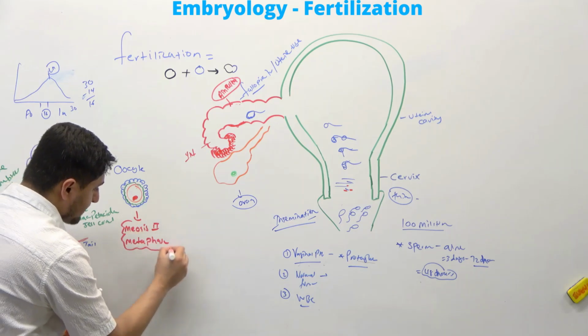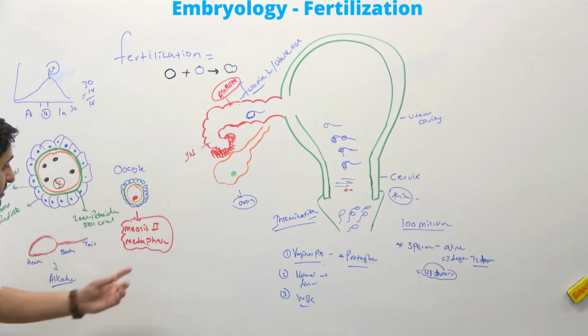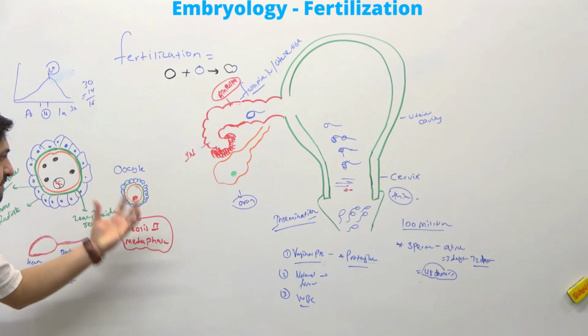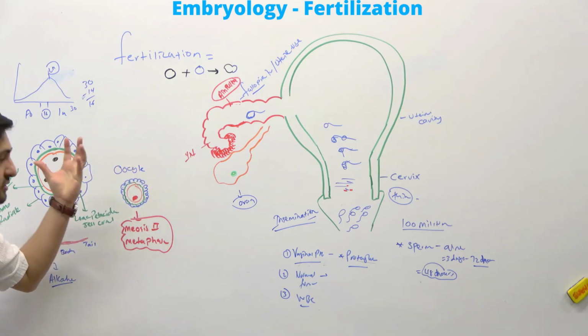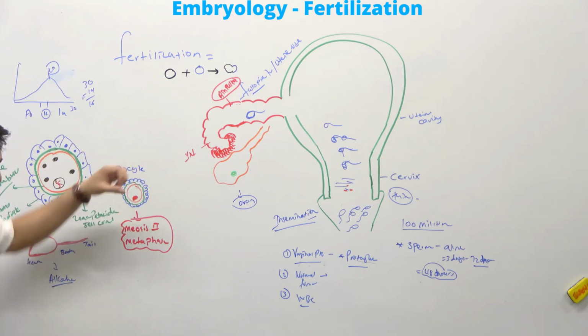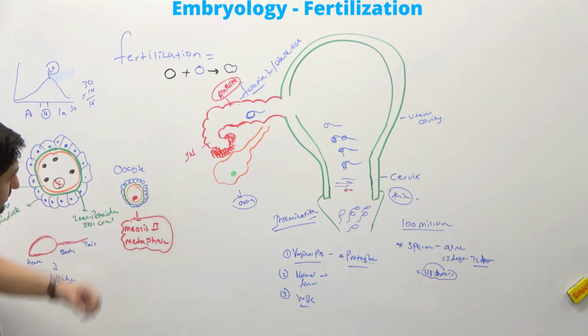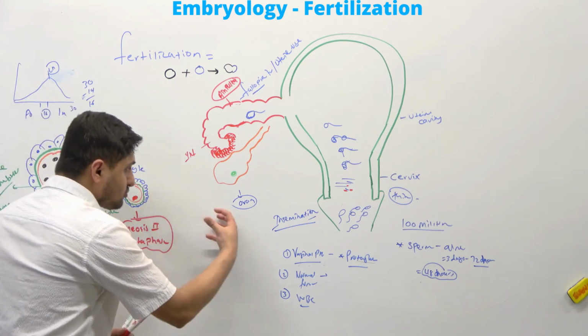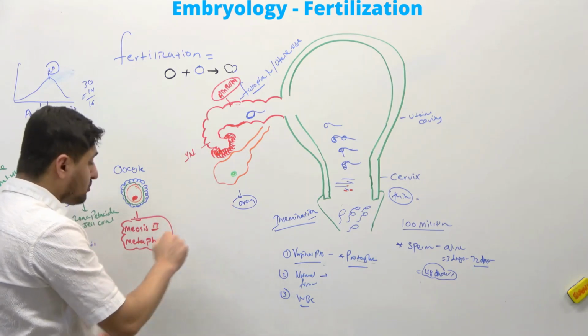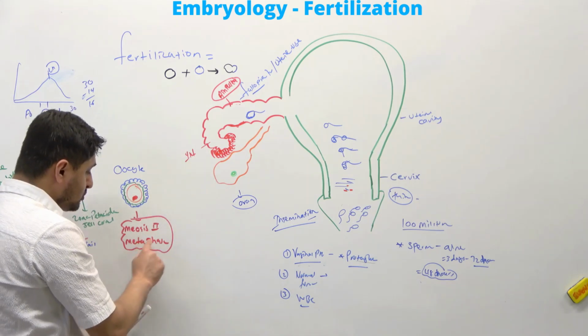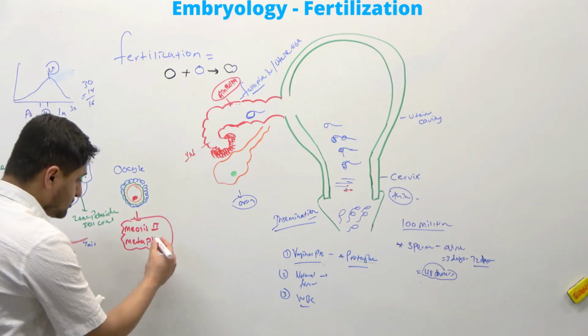When the Graafian follicle ruptures, the secondary oocyte is released, arrested in meiosis 2 of the metaphase.